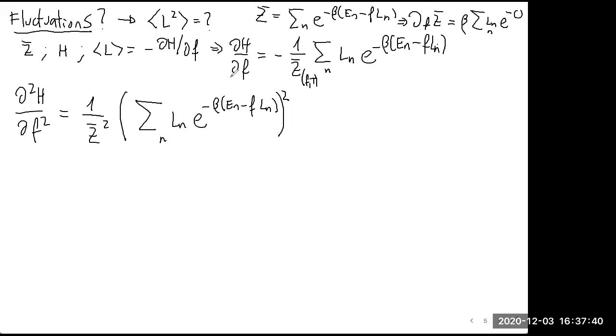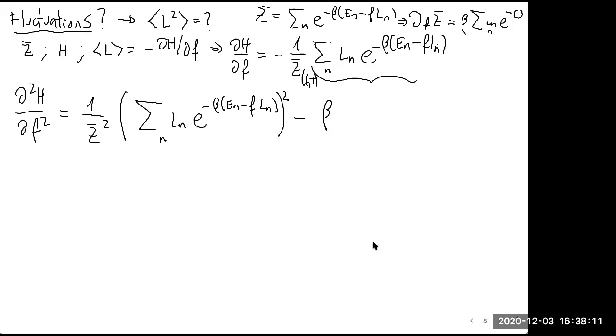And the second part: I took the derivative of this and kept this normal. The second part of the derivative is keeping this and taking the derivative of this with respect to f. The derivative of all this with respect to f brings another ln here, and with a minus. Minus with minus is plus. Okay, here there's a mistake. No, the minus is plus with a minus is minus. So I get another minus beta.